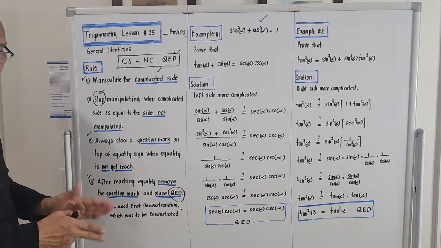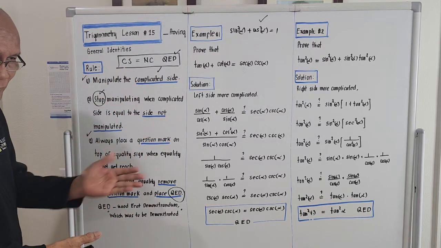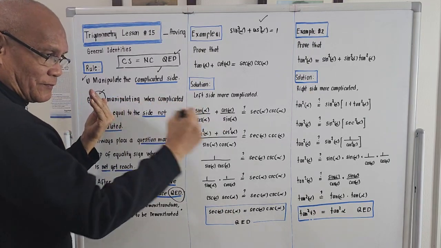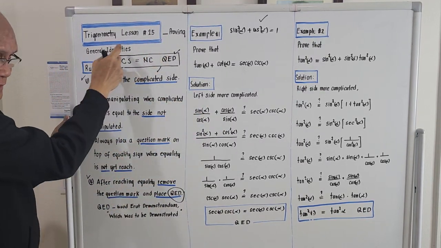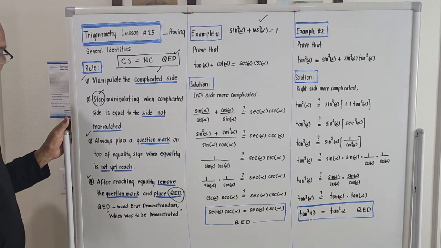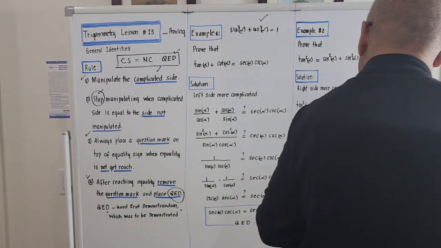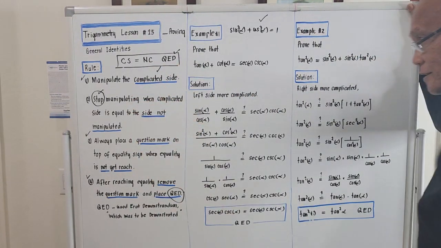It seems it was proven to be true. After the manipulations, it was proven to be true that the complicated side is equal to the not complicated side. So that's the rule on how to prove general identities. Okay, let's try to bring out an example number 1 so we could visualize the significance of the rules on how to prove general identities.